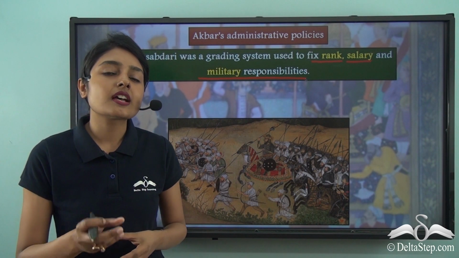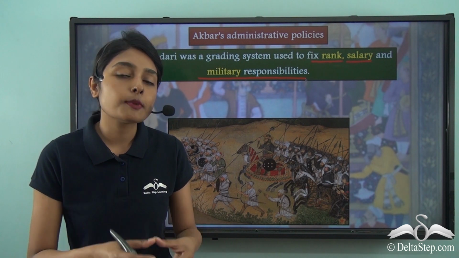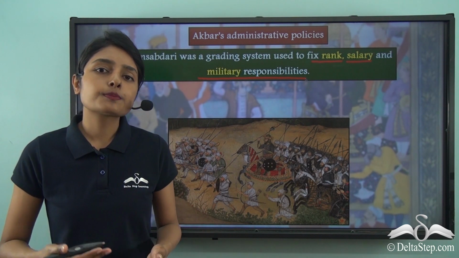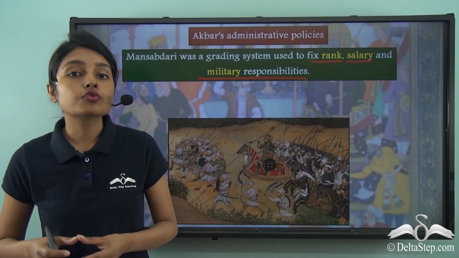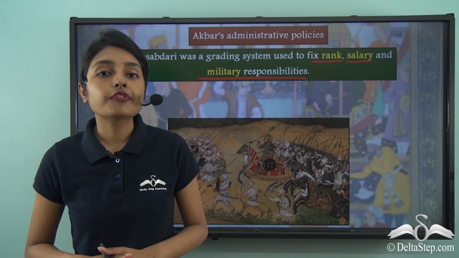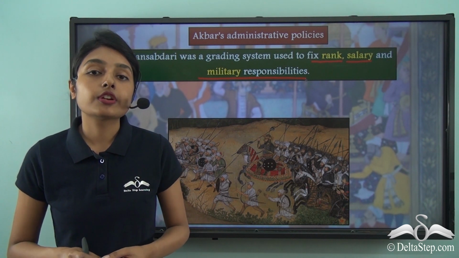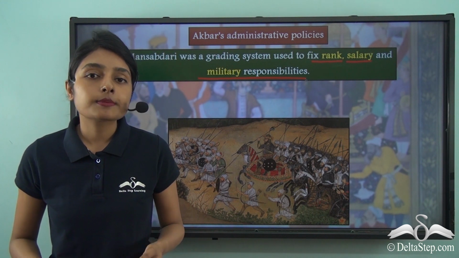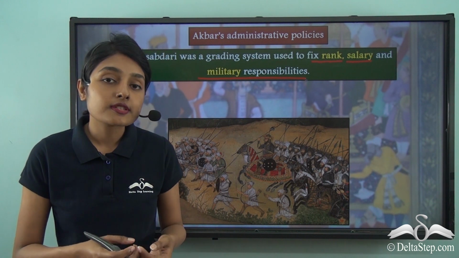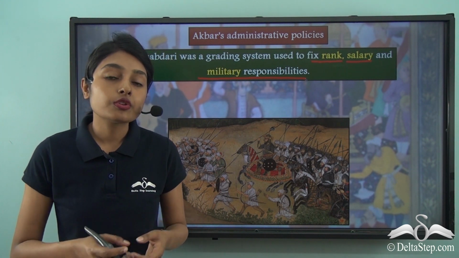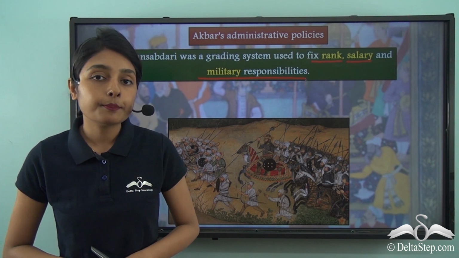These Mansabdars, after being assigned a rank, had to shoulder certain responsibilities. They had both military as well as civil responsibilities to shoulder. And on account of the work that they did for the Mughal Emperor, they were then given a remuneration. So this Mansabdari system basically had to do with the rank, the responsibility as well as the remunerations of the various officials under various Mughal emperors.